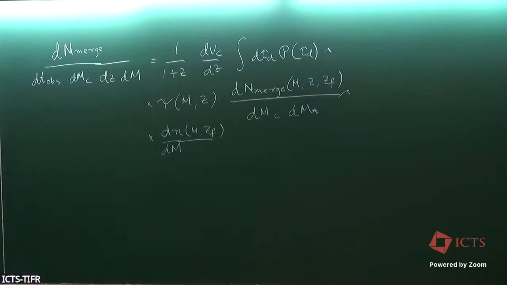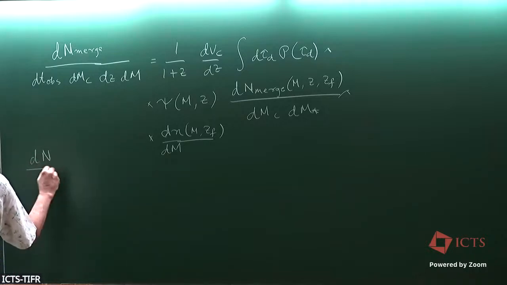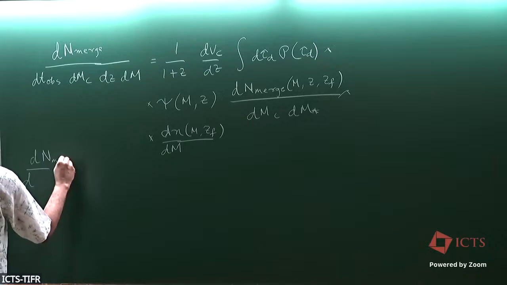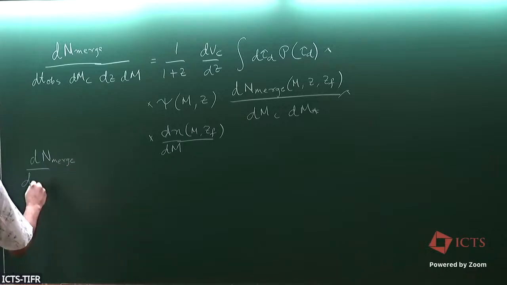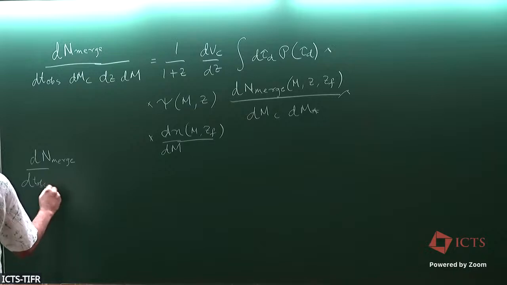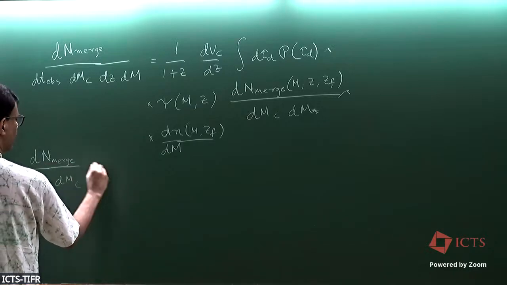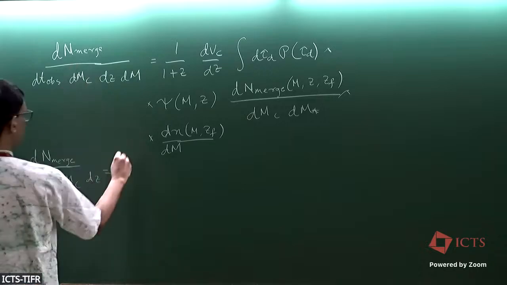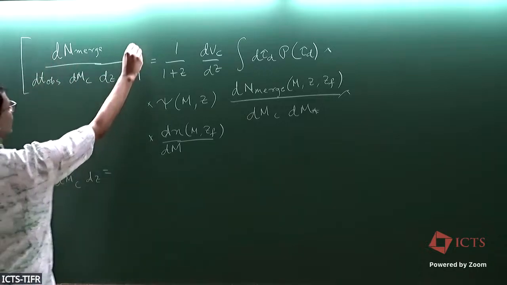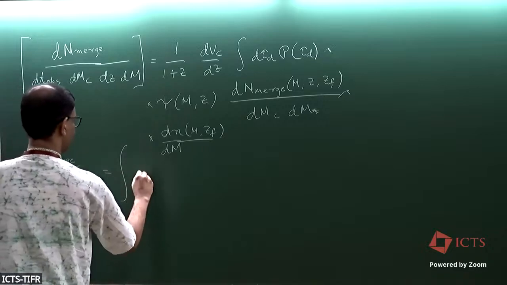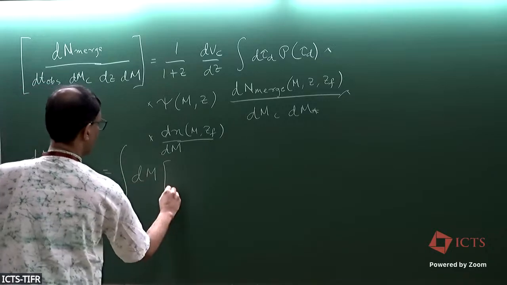So from here we can compute two quantities. One is, suppose you are just interested in the total merger rate you observe per unit time. This will be just this quantity, and you integrate over all halo mass.